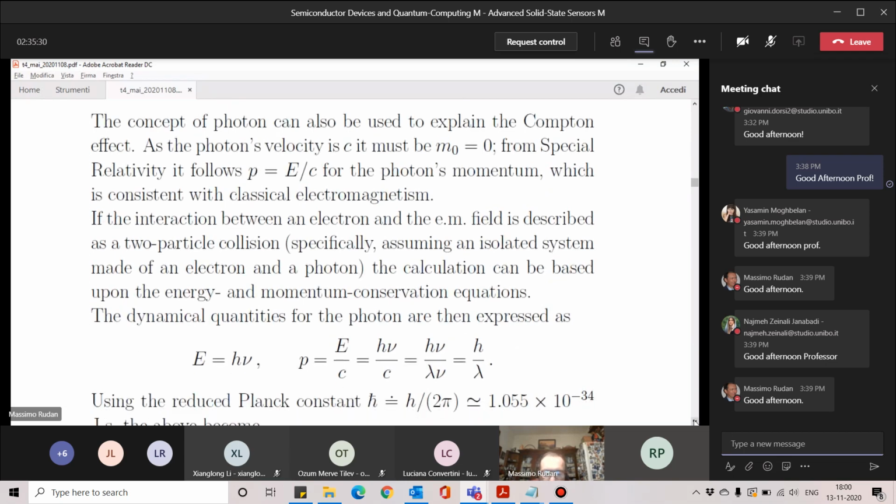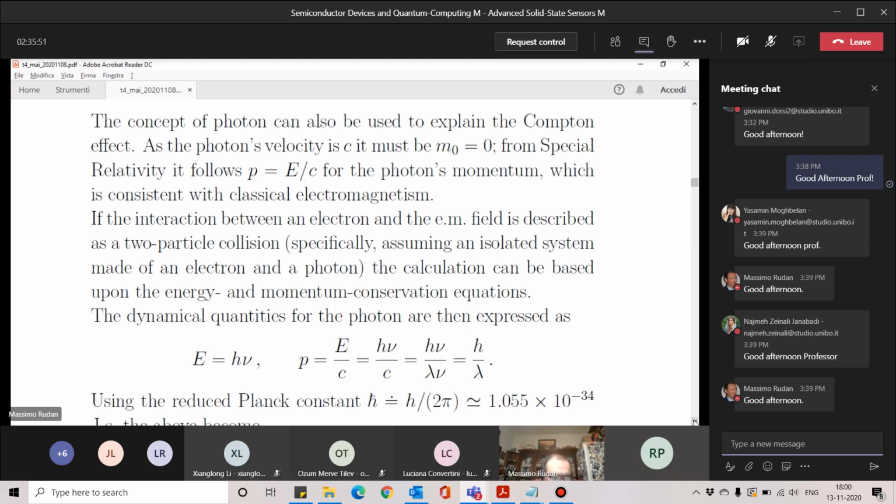So the only thing left is, how do we express the momentum of the photons? The momentum of the photons actually is easy to express because the electromagnetic theory is already relativistic.